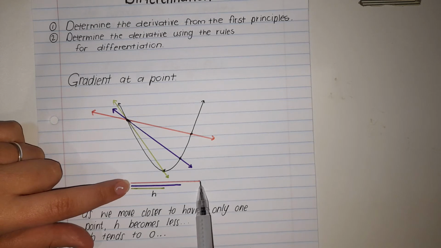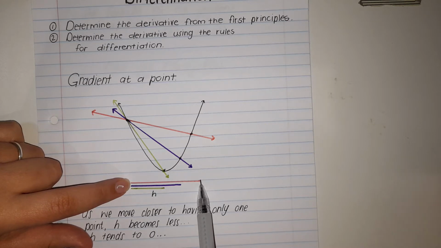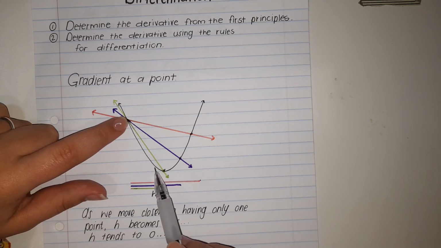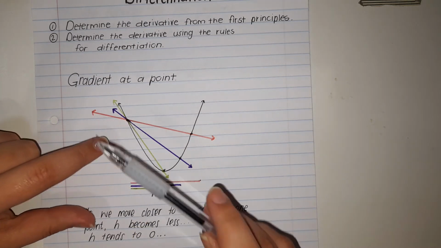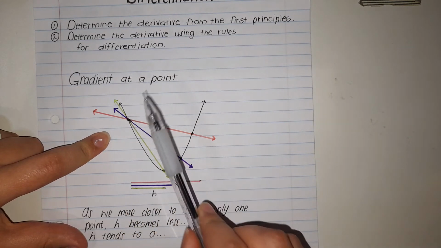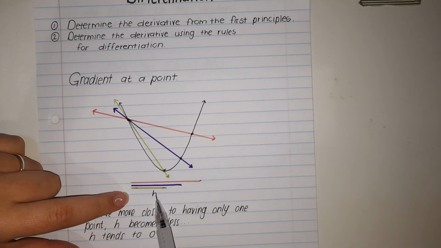Here I put it in a different way for you. First we start with a long distance, then a bit smaller, then a bit smaller, and as this gets smaller and smaller, this line is going to go up. But h is going to tend towards 0.